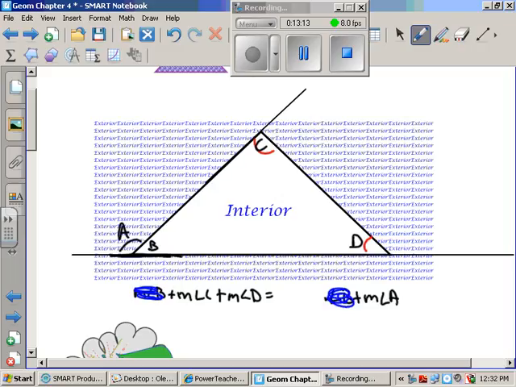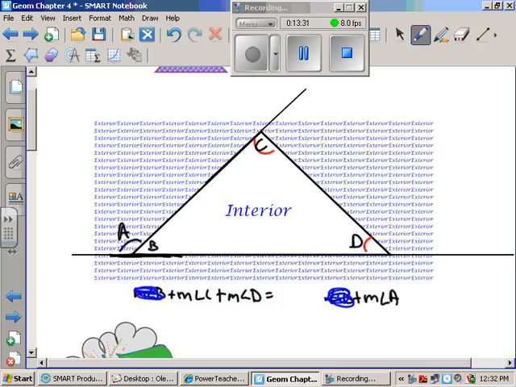So this tells me that angle A is equal to C plus D. And think about it intrinsically: if these two together equal 180 and these three together equal 180, B is the common point.